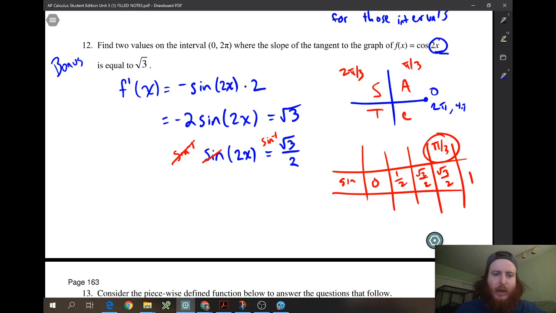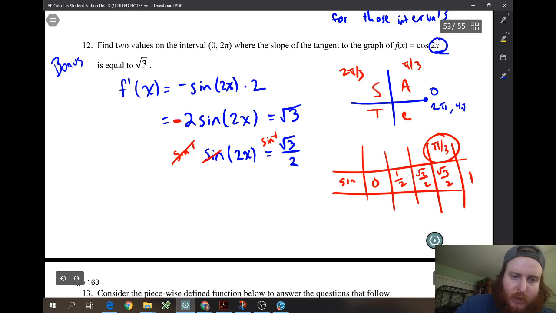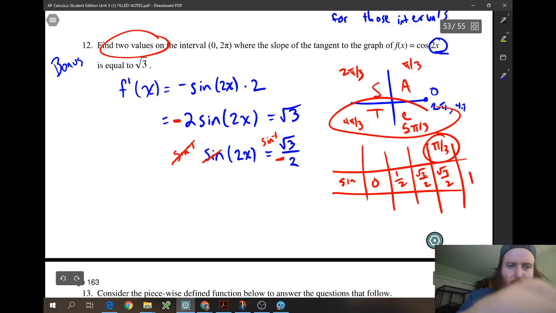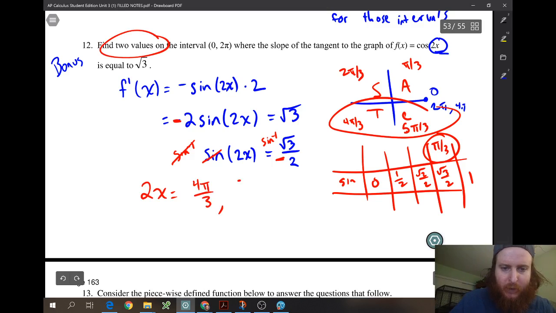Oh wait, I missed that negative sign. So the negatives would be in these two: 4 pi over 3, and 1 less than double, 5 pi over 3. So the original 2, which I think everyone could have gotten, would be 2x equals 4 pi over 3 and 5 pi over 3.